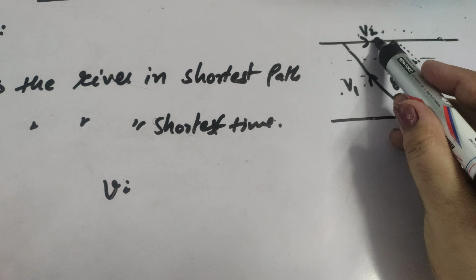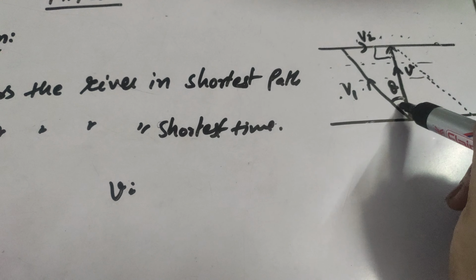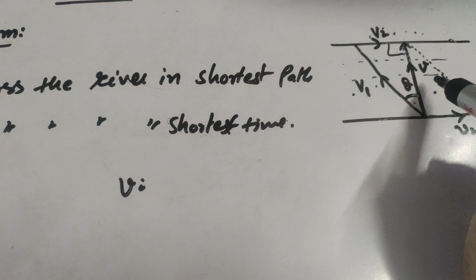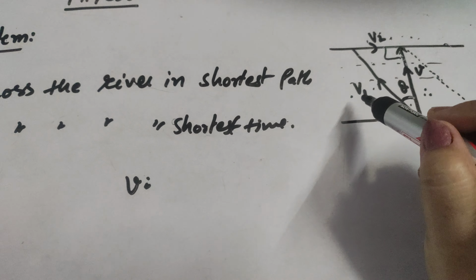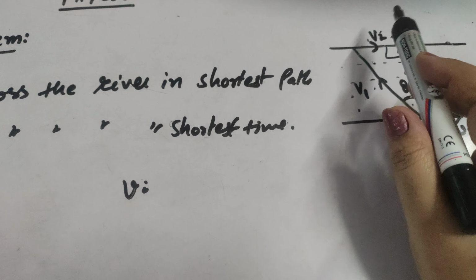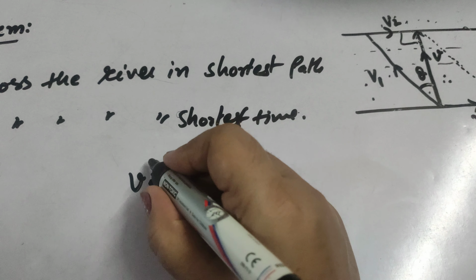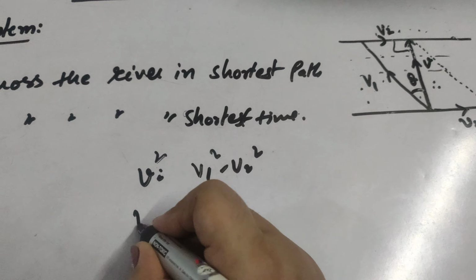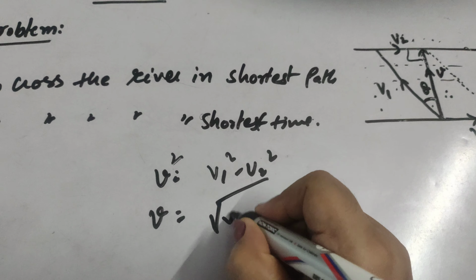This is a right angle triangle, and this is the base. By Pythagoras theorem, base square is equal to hypotenuse square minus perpendicular square. So v square is equal to v1 square minus v2 square, or v is equal to root of v1 square minus v2 square.